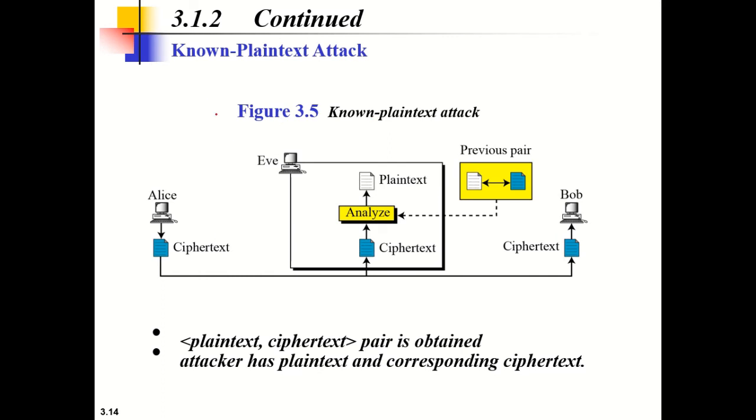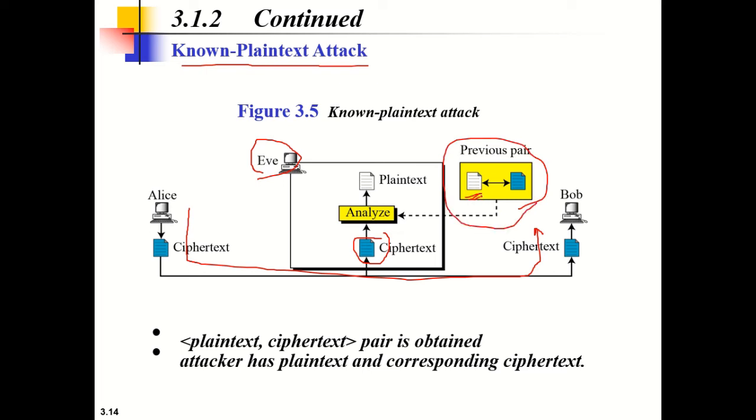Now this is another kind of attack which is known as the known plaintext attack. In this kind of attack, Eve gets this ciphertext, okay, but along with this ciphertext Eve has access to some of the previous messages which were sent from Alice to Bob, and these messages are in pairs, as in this is the plaintext and this is its corresponding ciphertext.